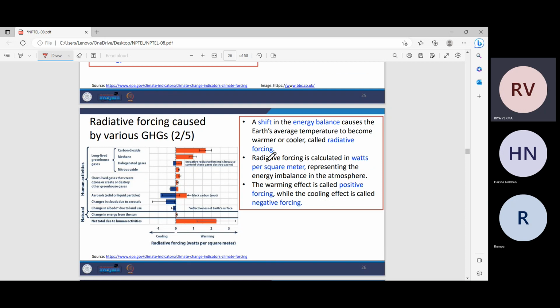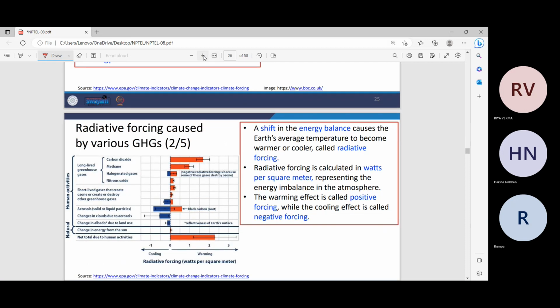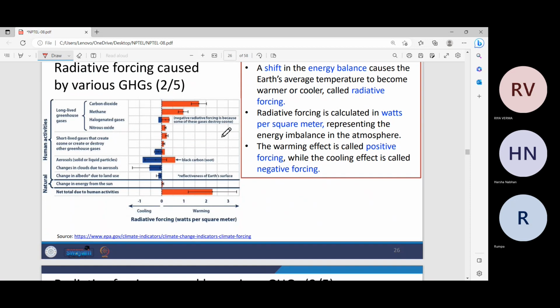So, what is the radiative forcing caused by the various greenhouse gases? This is warming and this is cooling. I guess this picture is visible to you guys. Yes, ma'am. Okay.